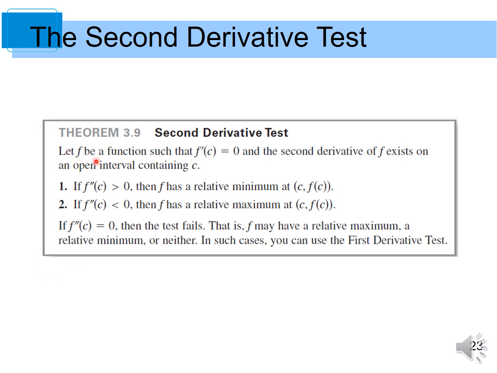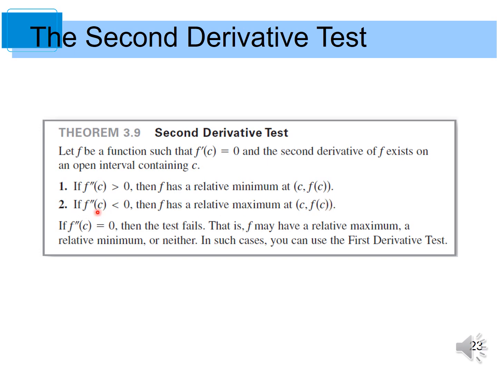Let f be a function such that f prime of c equals 0, and the second derivative of f exists on an open interval containing c. If f double prime of c is greater than 0, a positive value, so it's concave upward, then f has a relative minimum at the point (c, f(c)).